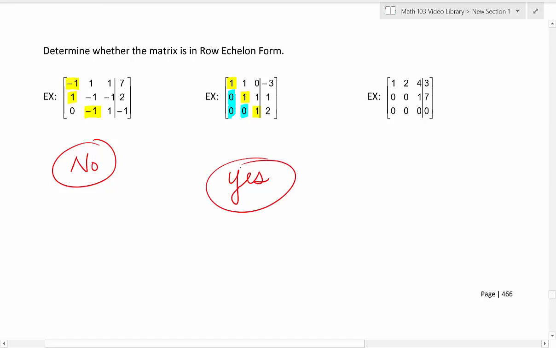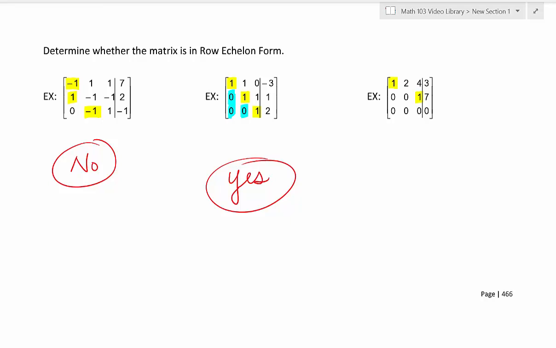Last example. If there's a 0 row, it's at the bottom. That's characteristic number 1. Well, here we do have a 0 row, and it is at the bottom. So that first characteristic is met. Characteristic number 2 says in each row that's not all zeros, the first non-zero entry coming in from the left is a positive 1. Is that the case?